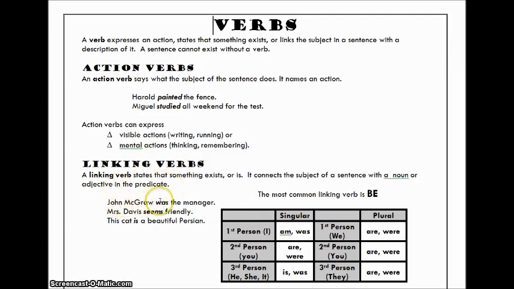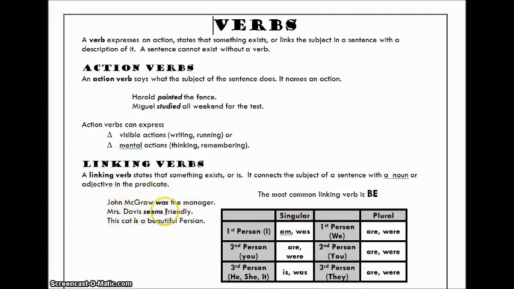So John McGraw was the manager. Our sentence is about John McGraw, okay? The verb is was, and it's a linking verb, okay? It's saying John McGraw exists, or he did exist, and he existed as the manager. It's connecting the noun manager to our subject, John McGraw.